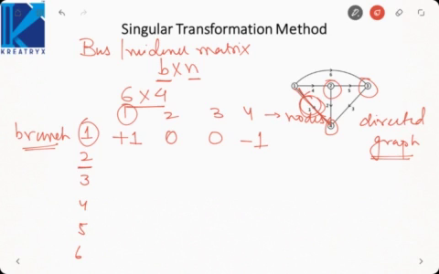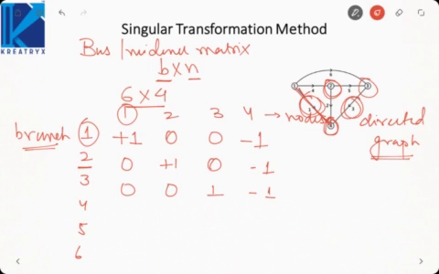Similarly, branch number 2, it is between 2 and 3. So this will be 0, this will be 0. Sorry, it is between 2 and 4. It is outgoing at 2 and incoming at 4, so plus 1, minus 1, and it is not connected to 3. Now branch number 3 is between 3 and 4, outgoing at 3, incoming at 4, so 1, minus 1, and this will be 0.